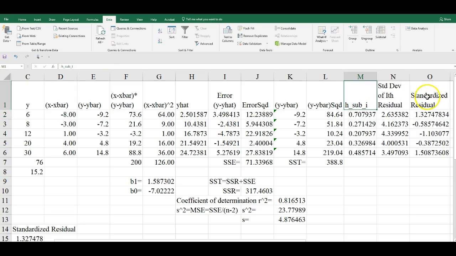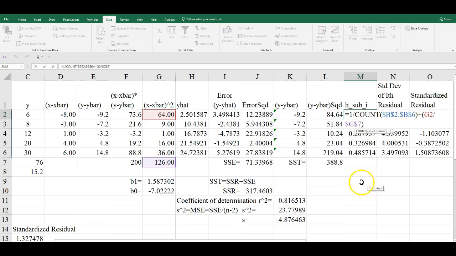That's used in the calculation of the standard residuals. These H sub I values are very important. And you can see the elements. It's 1 over n plus the x minus x bar squared divided by the sum of the x minus x bar squares.